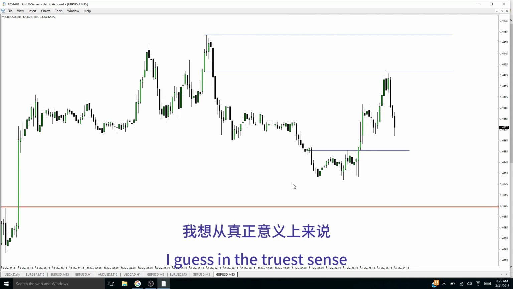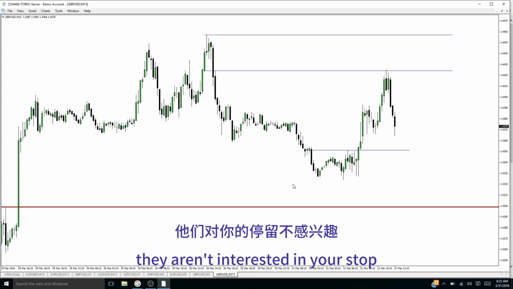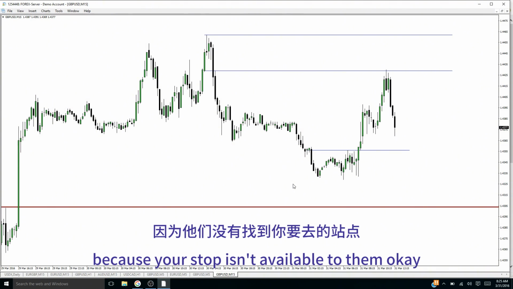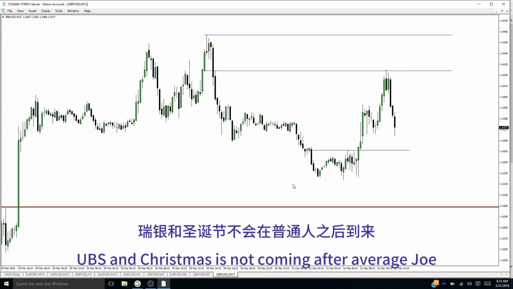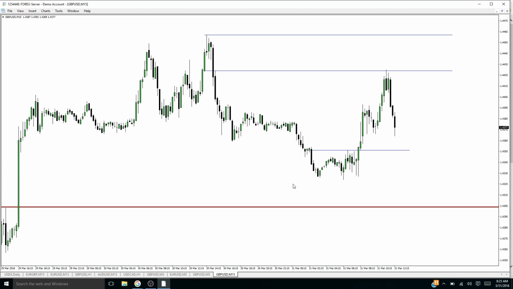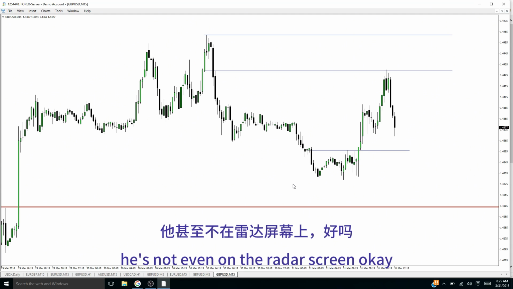And I guess in the truest sense, they aren't interested in your stop because your stop isn't available to them. Okay, they're not. You're not the interbank market. Okay, UBS and Credit Suisse is not coming after average Joe. He's not even on the radar screen.